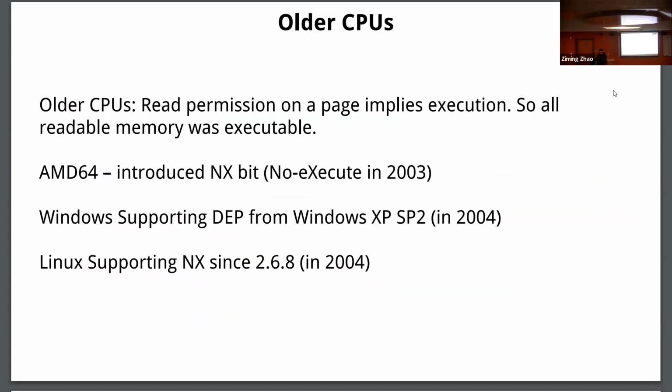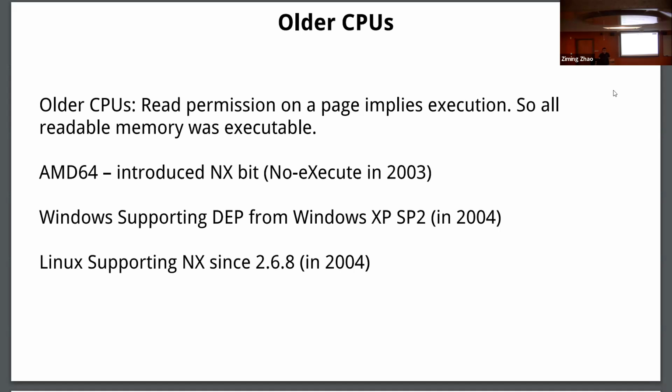So older CPUs, around 2000 or even before that, do not have execution permission explicitly defined in the system. There are only read-write permissions, so read permission implies execution permission.